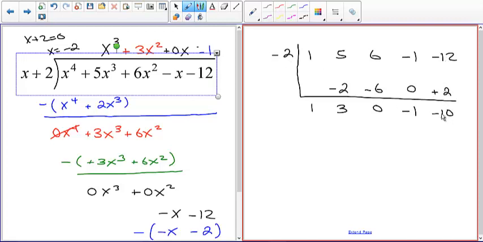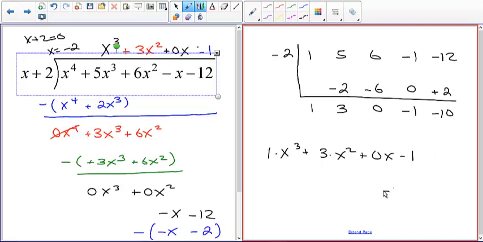Okay, so now the way you translate this is, because we're dividing by x here, the result is x cubed. So this is the coefficient in front of x cubed. So we have 1 times x cubed plus 3 times x squared plus 0 times x minus 1, that's the constant.